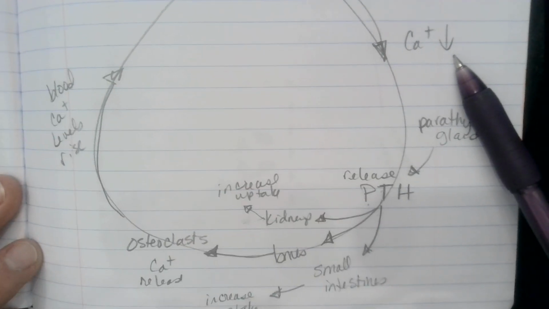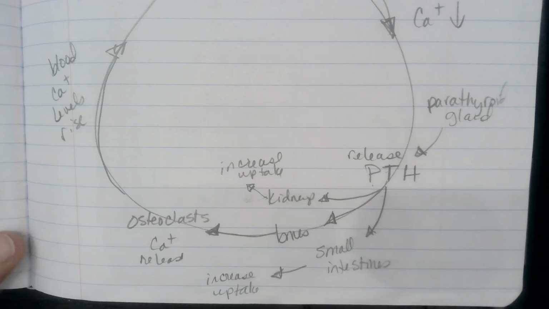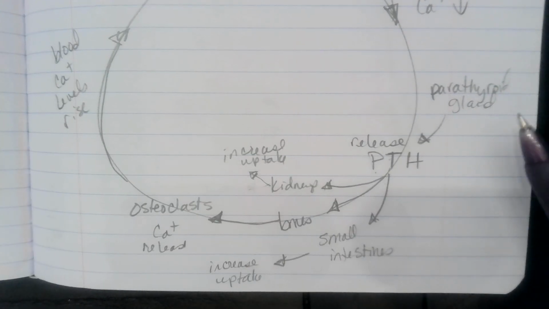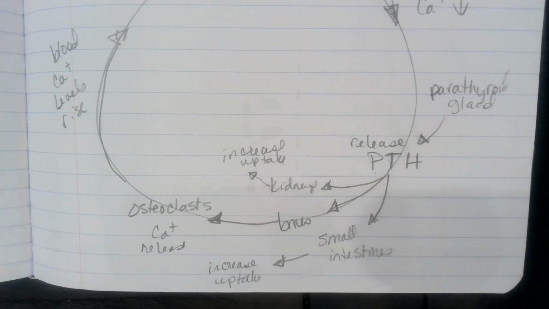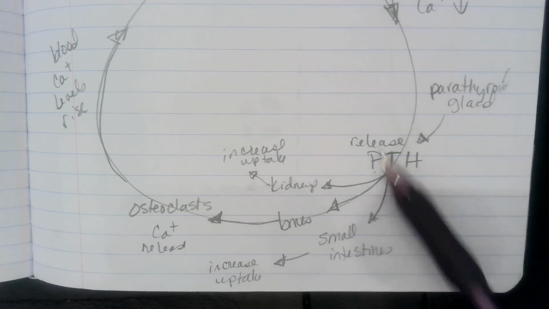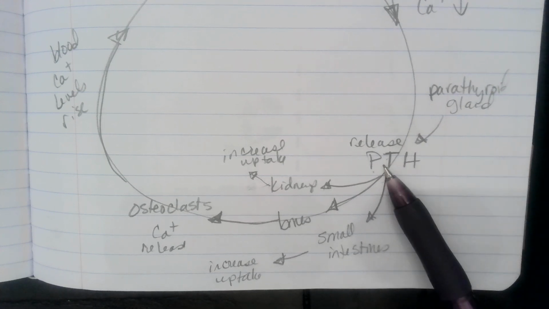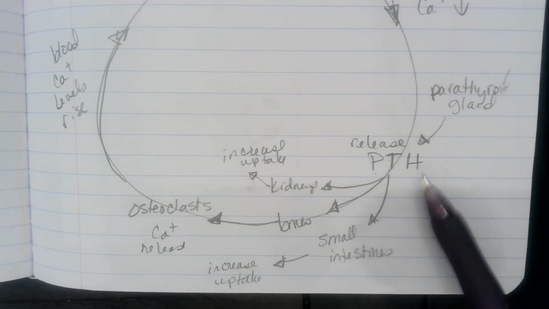When our calcium levels drop, sensors in your body pick that up, take it to your brain, which decides what to do with it and sends out a signal. The parathyroid gland is then going to release PTH, parathyroid hormone, and PTH affects your kidneys, your bones, and your small intestines.